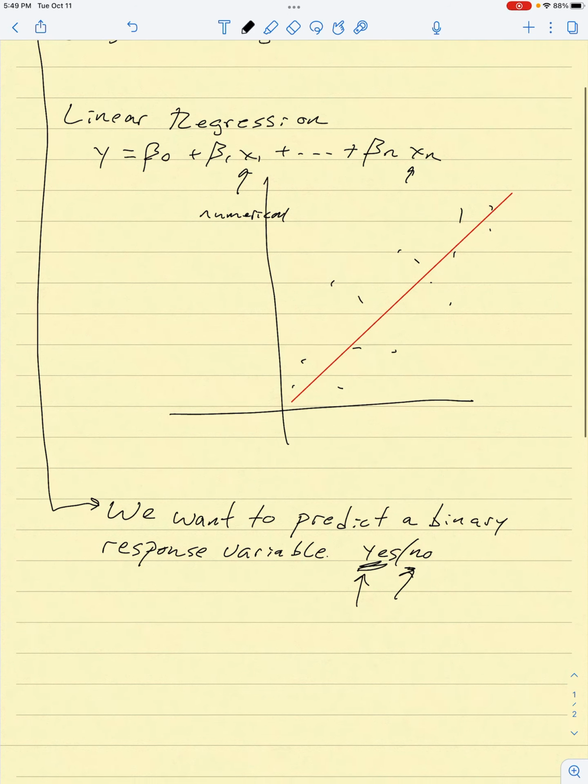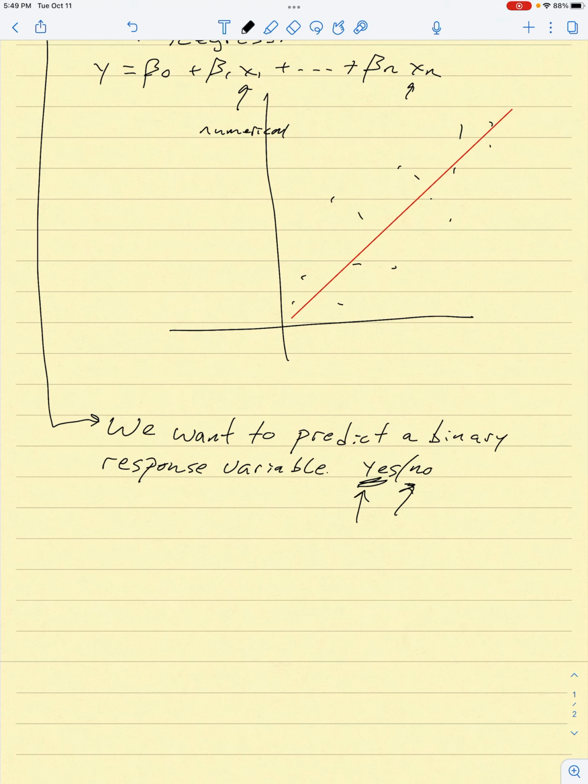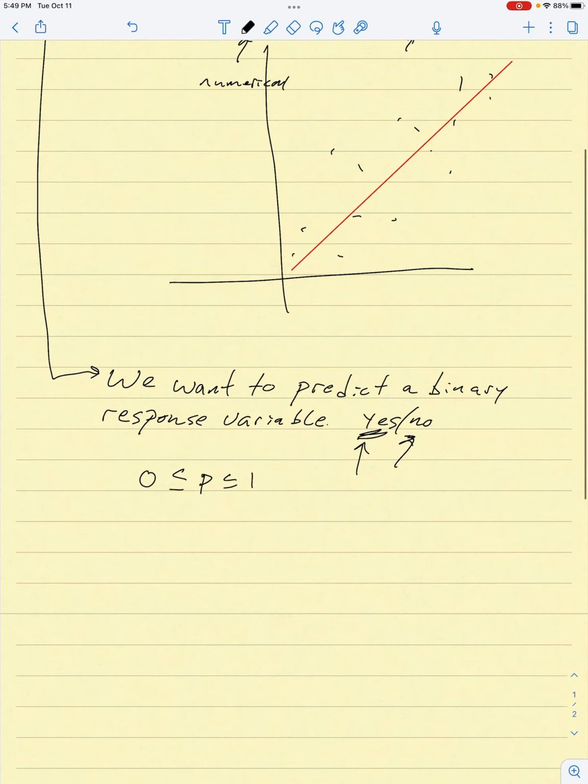So one way we can do this is do it in terms of probabilities, meaning we'll calculate a probability, right? And remember, probabilities are always between 0 and 1. So like the probability that it's going to be yes is going to be some number. The probability that it's going to be no is, well, 1 minus that number, right?